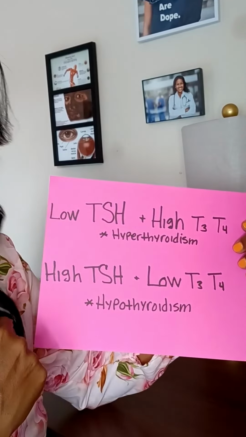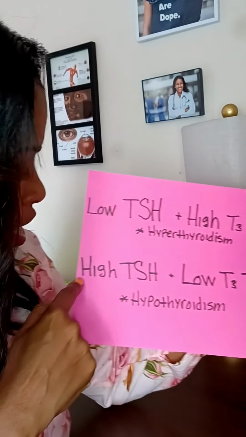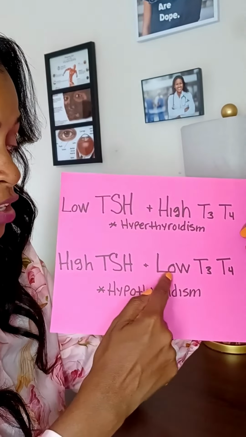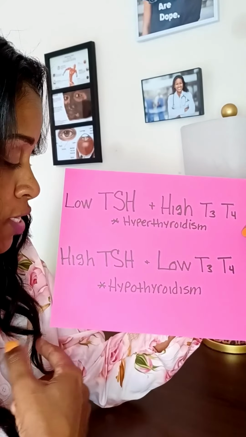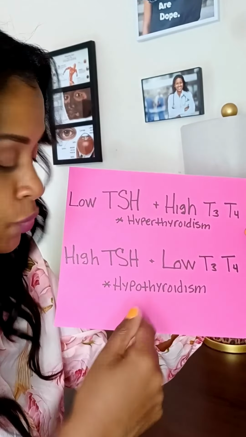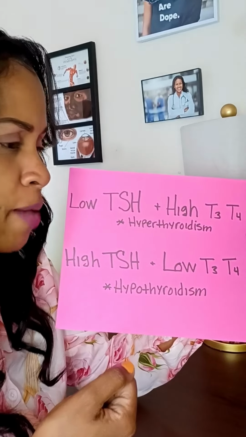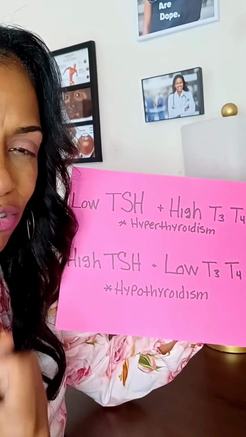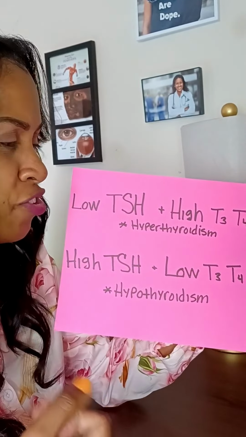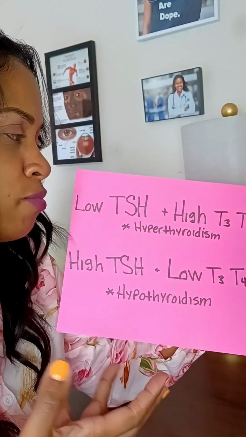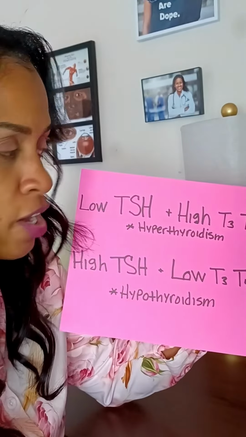And now going back, on the contrary, high TSH and low T3 and T4, that's considered hypothyroidism. With this, your metabolism slows down, so you gain a lot of weight. You're tired all the time. You can even have hair loss.